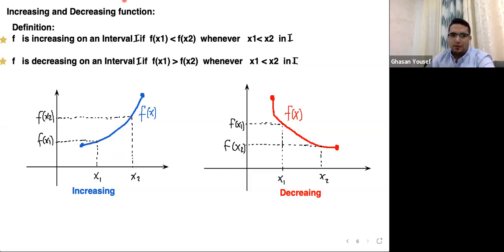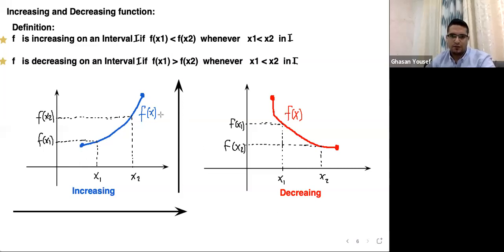If you want to see by eye why the first function is increasing, start from the left and go to the right, and check how the function looks. The function looks like it is going up, like going up a mountain. So this function is increasing.